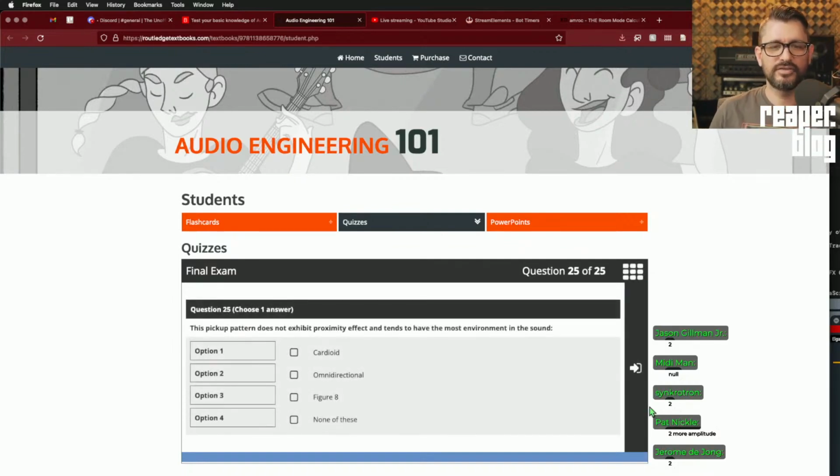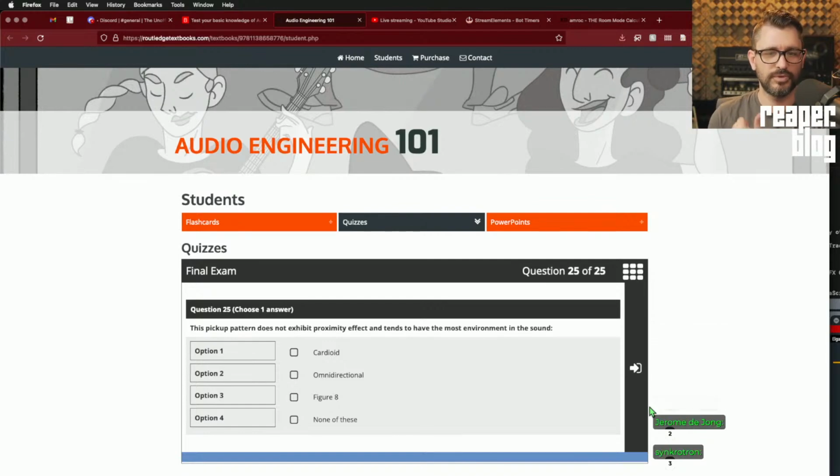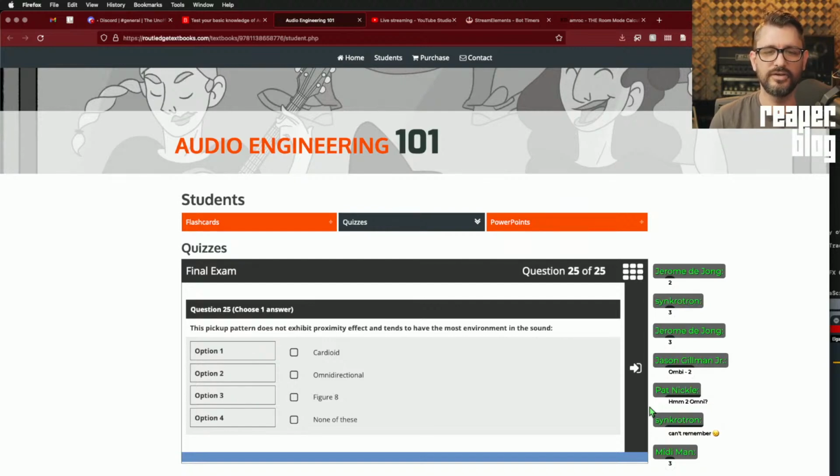This pickup pattern does not exhibit proximity effect and tends to have the most environment in the sound. We talked about proximity effect. We talked about polar patterns. Does anyone remember which one does not have proximity effect? Cardioid, omnidirectional, figure 8, or none of these? Which one of these is not directional?